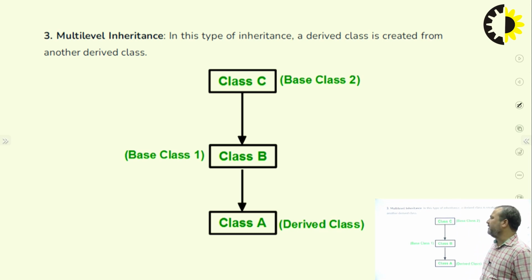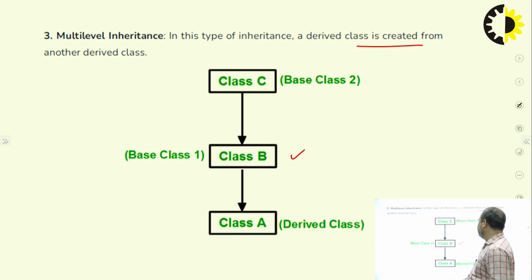So this becomes an example of multi-level inheritance. In this type of inheritance, a derived class is created from another derived class. This is another derived class because this class inherits the property of class C. So if a class is inherited from another derived class, then this becomes multi-level inheritance.